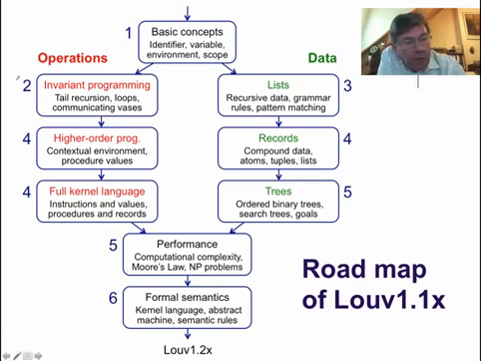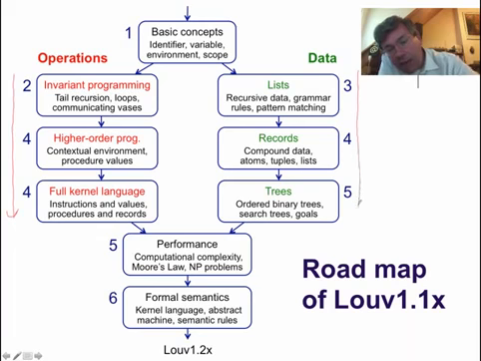So the course is organized in 2 paths, an operations path and a data path. Operations, where we saw the kinds of things we can do, the instructions we can do, and the data structures on which we do these things. So we started in lesson 1 by looking at the basic concepts: identifier, variable, environment, scope, also by looking at the Mozart system, by getting used to the syntax, and basically getting familiar with the approach of the course.